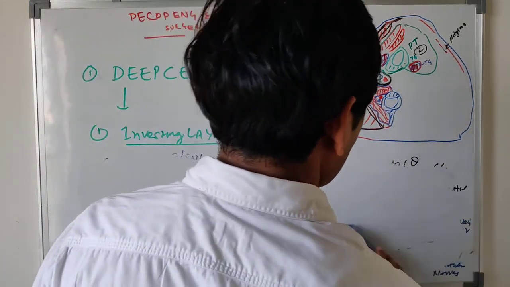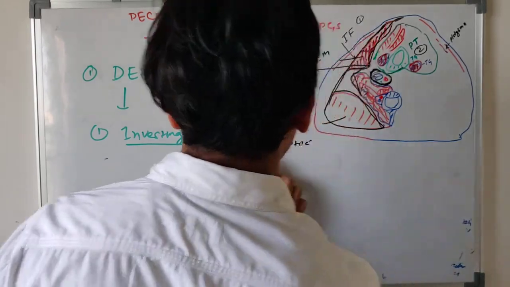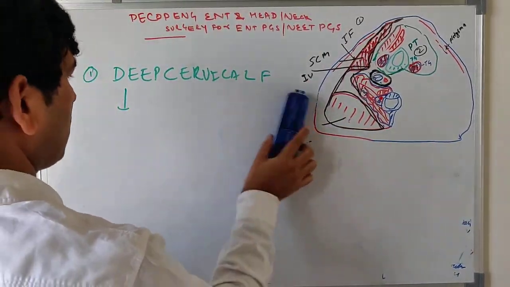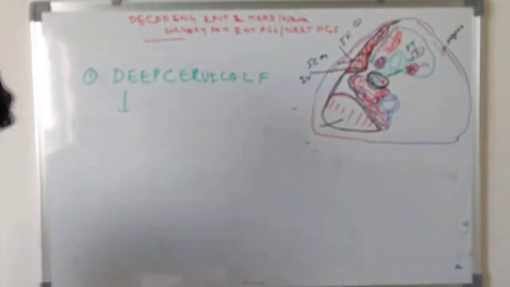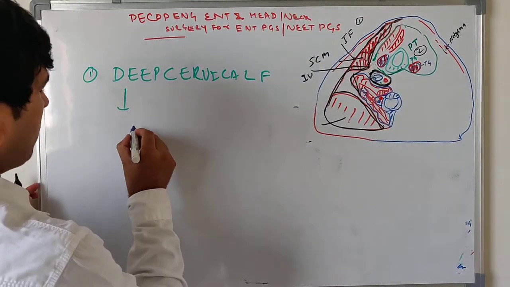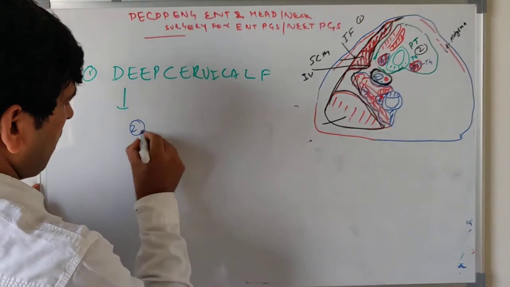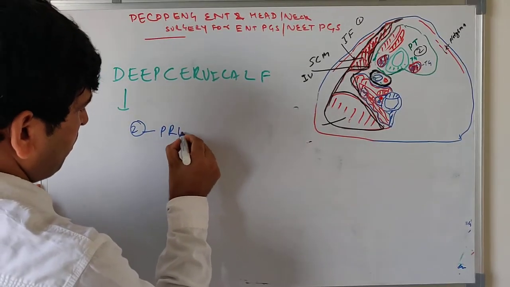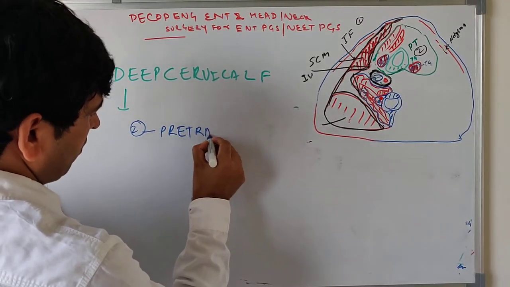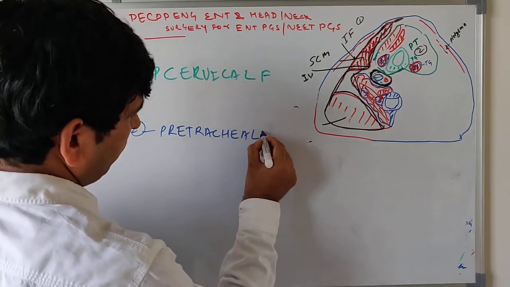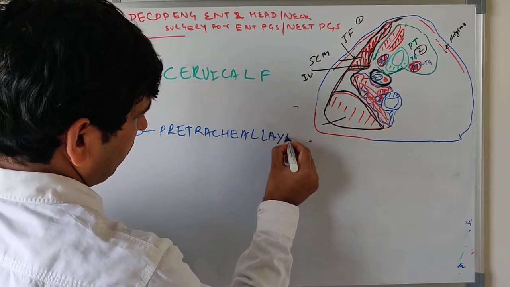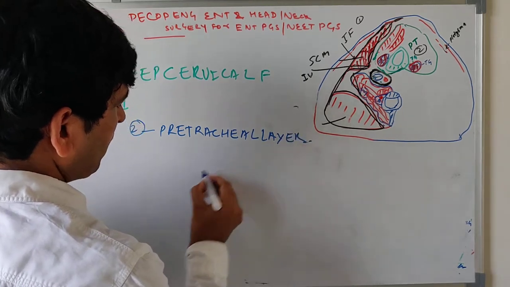Now we will talk about the second layer. The second layer is the pretracheal layer.